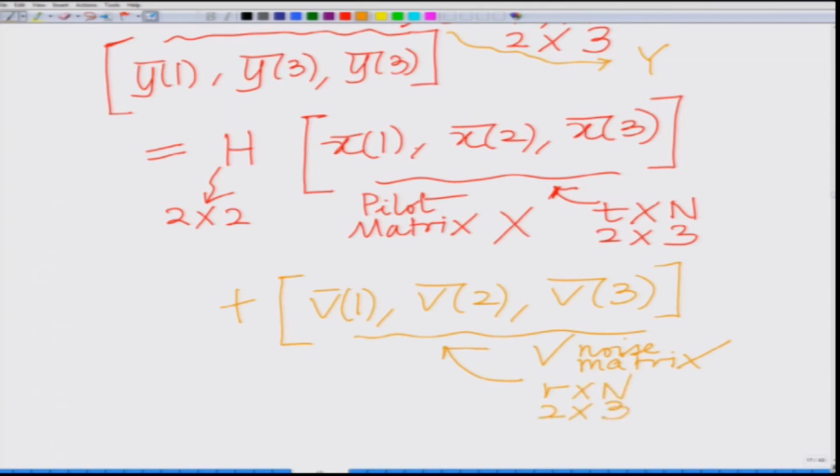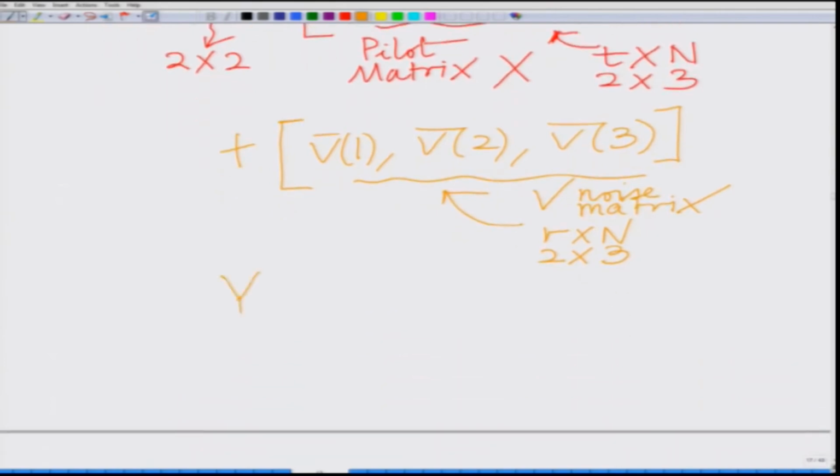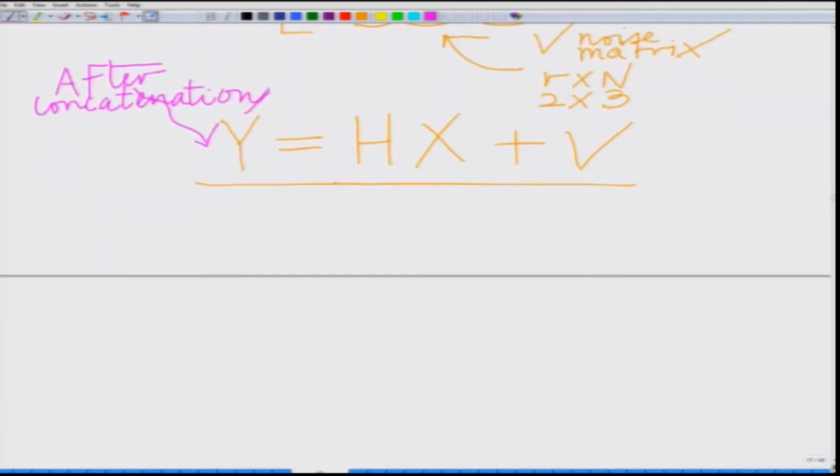In this example, it is therefore 2 cross 3, and this we will denote by capital V. So, I have the net system model, that is y equals h x plus v. This model that we have written over here is basically after the concatenation of the received output vectors and the concatenation of the transmitted pilot vectors and the noise vectors.